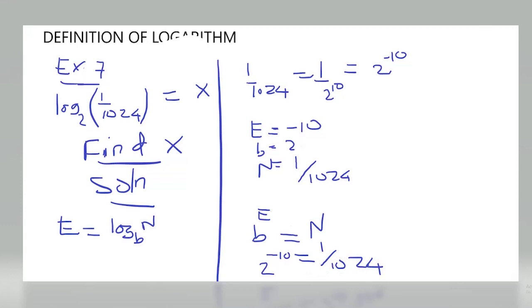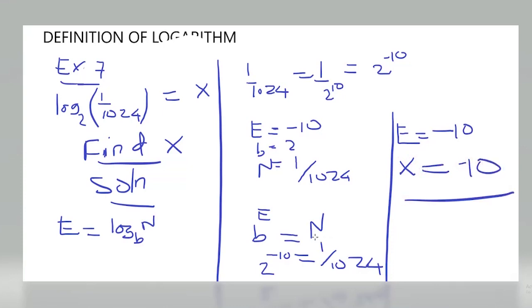Before, when I solved, our exponent was x. If you compare with the formula, the exponent is x, and x is equal to negative 10.